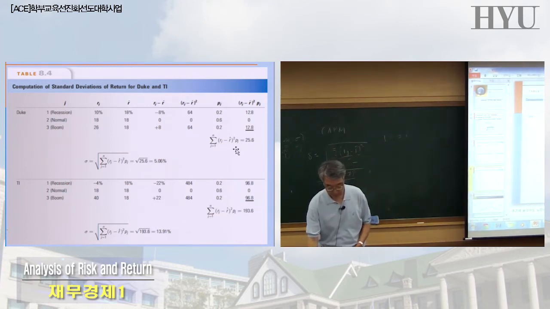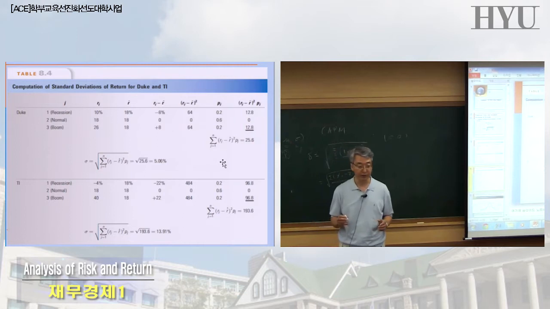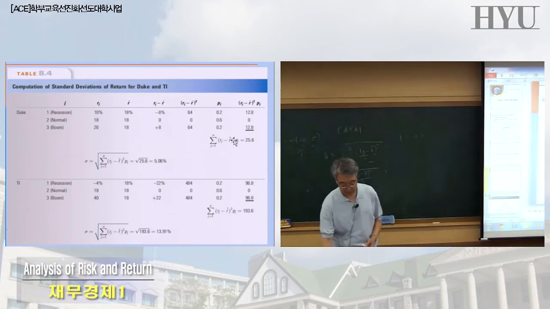If you remember from statistics, both variance and standard deviation measure the same concept, the variability of a random variable. The difference is that variance doesn't have the original unit because the distance is squared. So 25.6 is not a percentage because it's squared.